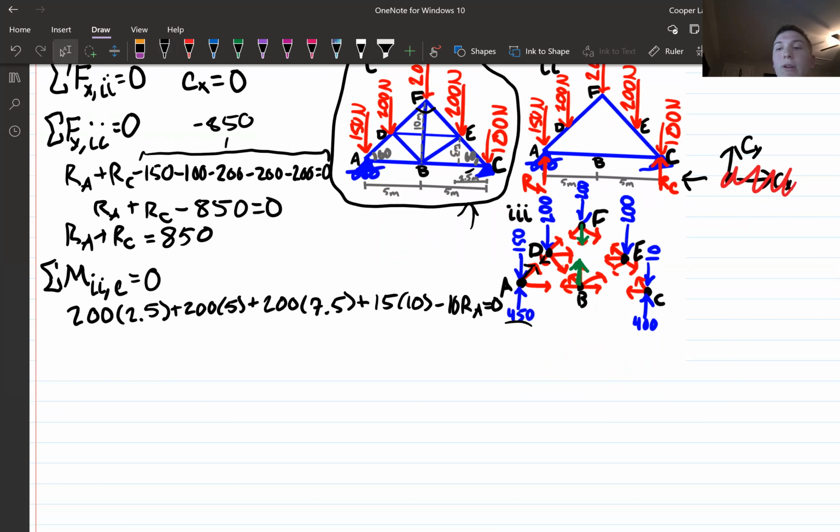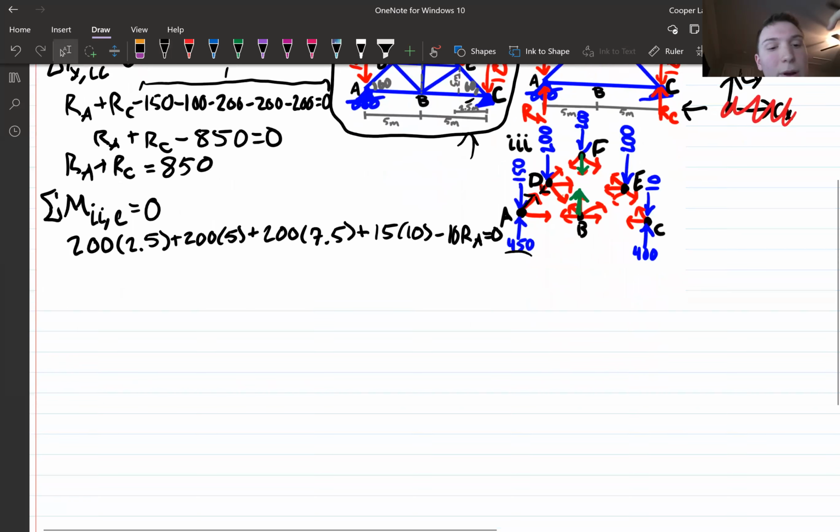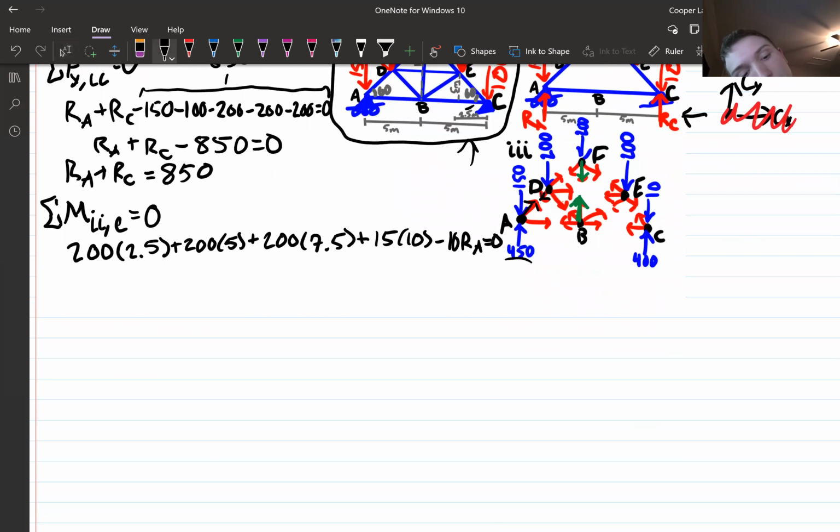So now I'm going to multiply everything out and combine my constants. So when I do this, I end up getting 4,500 minus 10 r sub a equals 0.